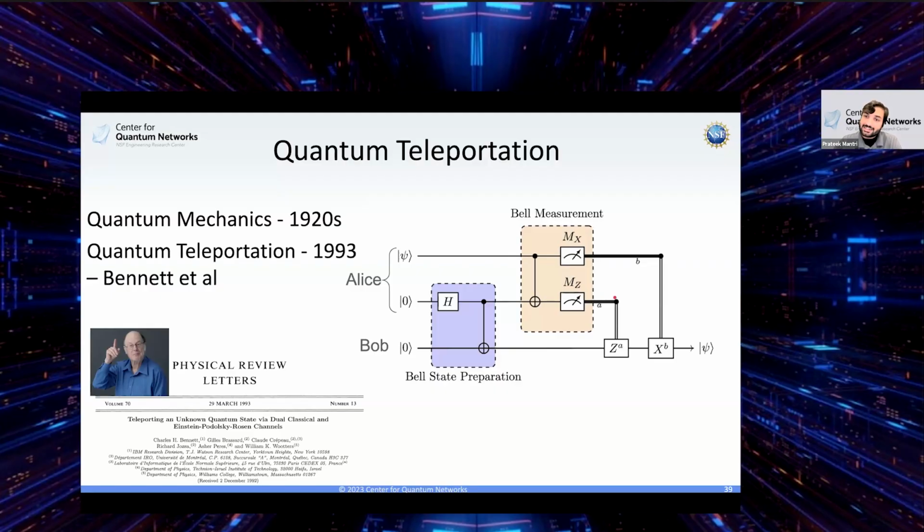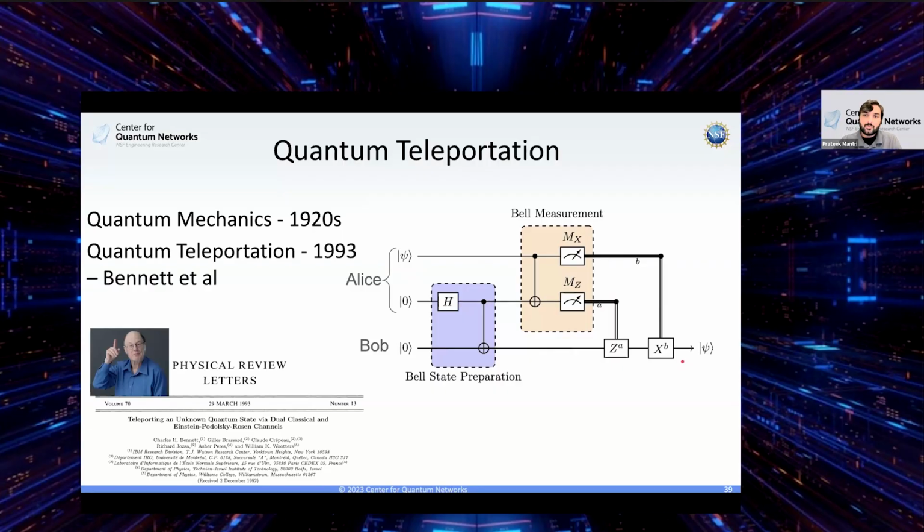The outcomes are then classically sent to Bob, and Bob applies, using those classical outcomes, some X and Z operations. This protocol in turn lets Alice transport the state psi onto Bob.